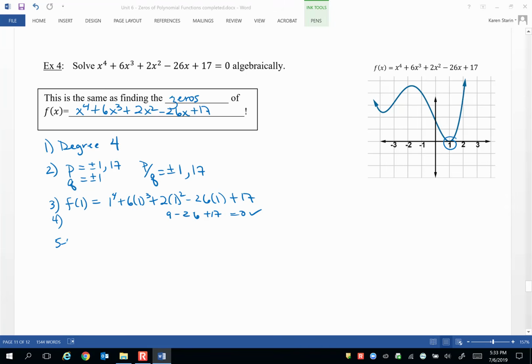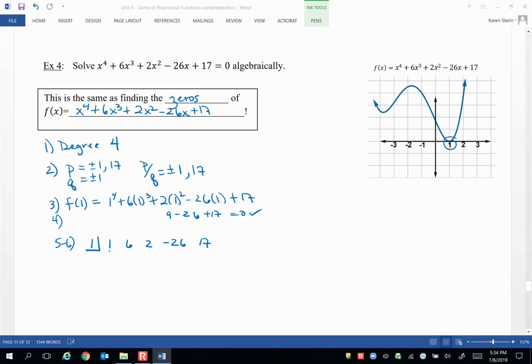And then steps 5 and 6, remember, we're going to keep figuring out with synthetic division how many times 1 is a 0. It's probably twice, but we'll have to see if it's more. It's definitely going to be an even number. So I'll start with the factor of 1, write down all the coefficients, and use a 0 placeholder if needed, but I don't think we need one for this problem.